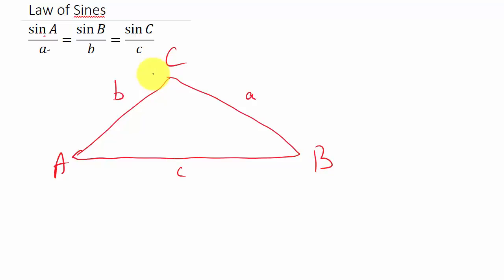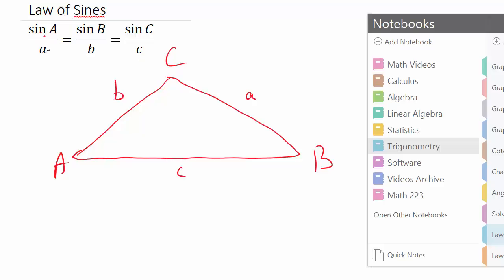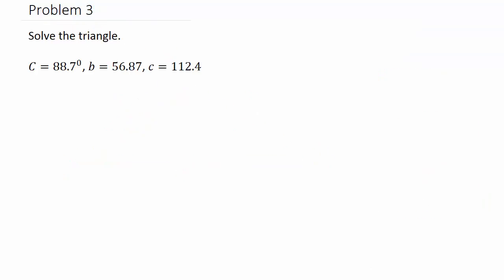Alright, so let's go ahead and get started on this one. Alright, so solve the triangle. So let's go ahead and make a table. So I've got my angles, my sides.